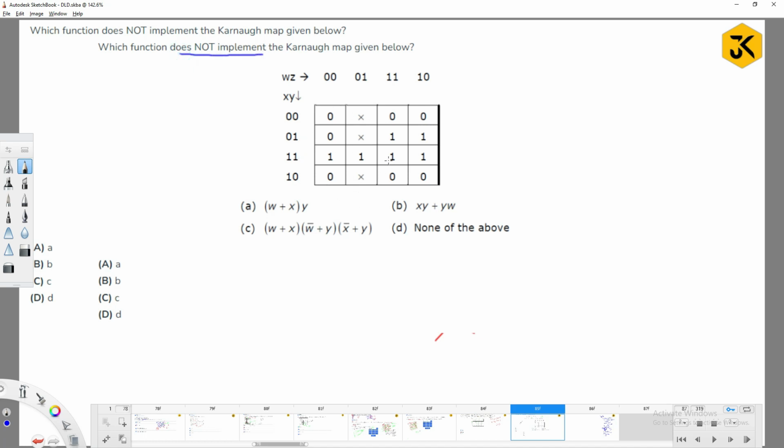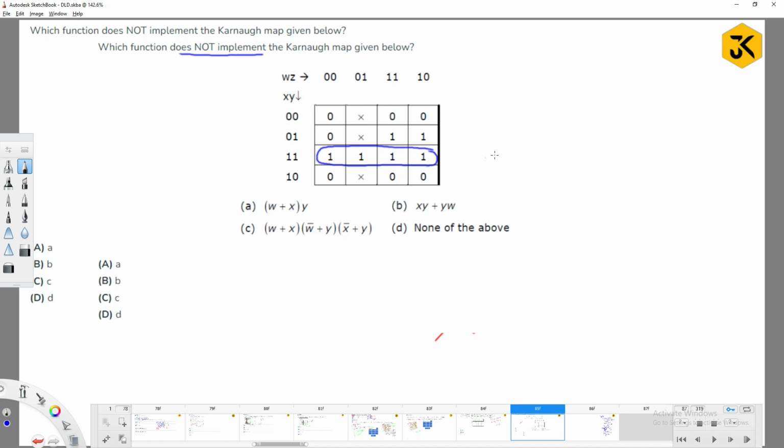So what you can do, guys, here, basically they have given options in the form of sum of products as well as product of sums, right? So first try to find the sum of products. If you would like to find the sum of products expression, you need to take out a subcube of size 2, so I think it is 2 power 2.